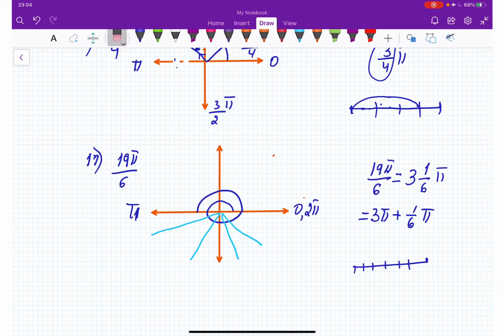Okay, that's not good. 1, 2, 3. Well, not precisely equal, and it doesn't look even 30 degrees.